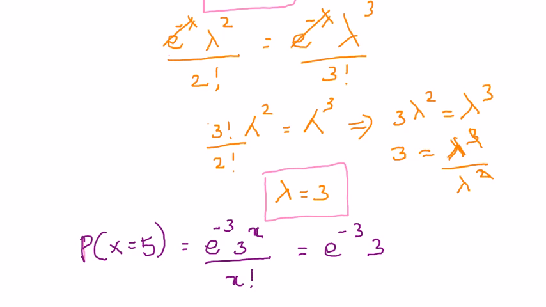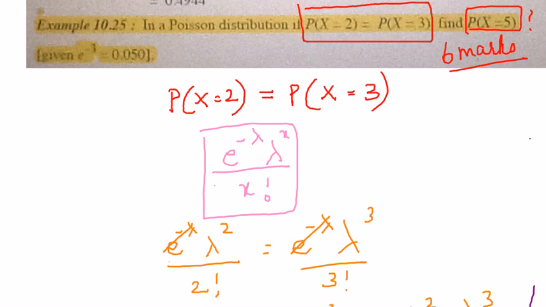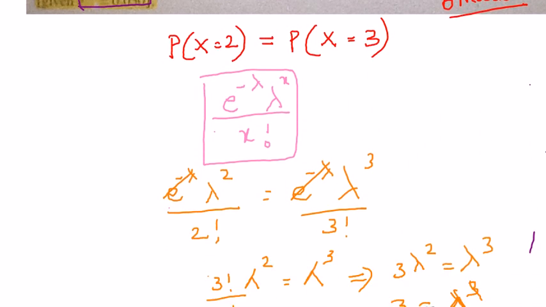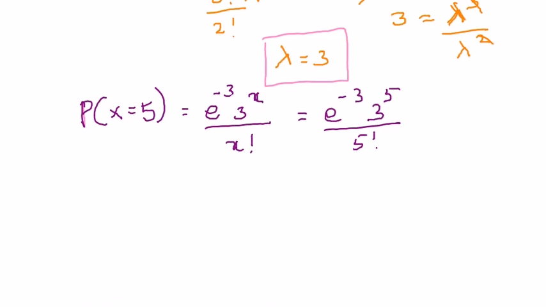What is x? 5, by 5 factorial, right? In the sum they have given the value of e power minus 3 as 0.050. So let's substitute that, which is equal to 0.050 into 3 power 5 divided by 5 factorial.